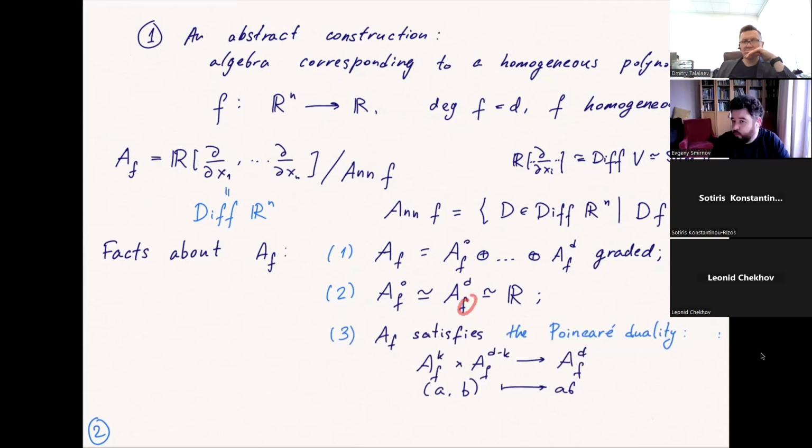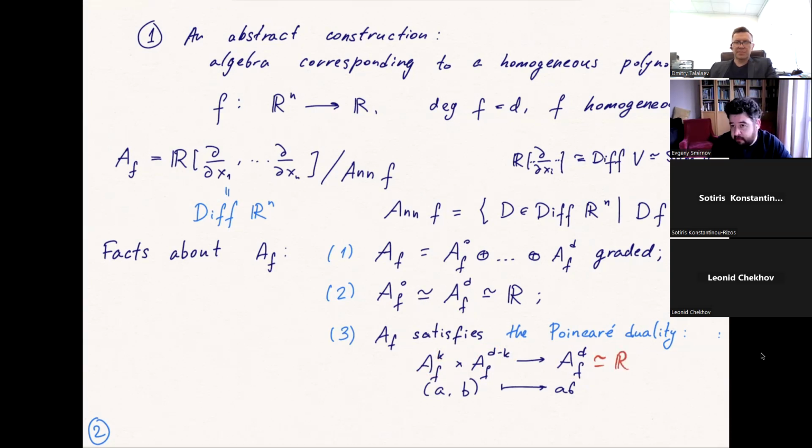You'll get a number. Well, eventually you may get 0, but maybe not. It doesn't matter much. So this is a bilinear map from A_f degree k times A_f degree d minus k to A_f^d, which is, as we know, nothing but the real numbers, right?